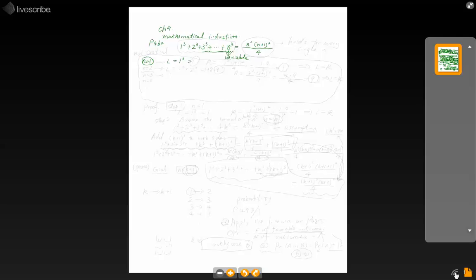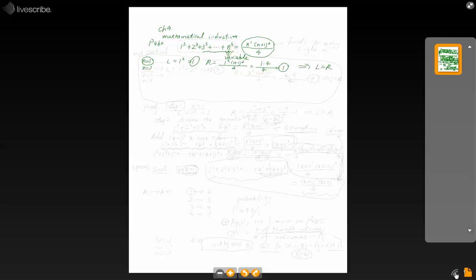And the right side, if we replace n with 1, it's just simple algebra. We simplify: 1 squared is 1, 2 squared is 4, divided by 4 is 1. The left side is 1 after we simplify it, and the right side is also 1. That means the left side equals the right side.